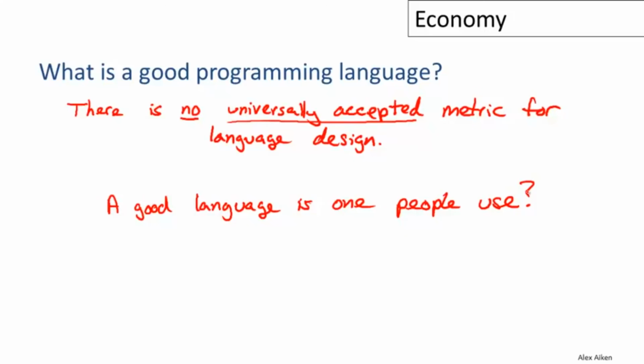On the positive side, I guess, the argument for this is that it's a very clear measure. It measures the popularity of the language, so how many people are actually using it, and presumably languages that are more widely used are used for a good reason. In some sense, perhaps they are better languages.